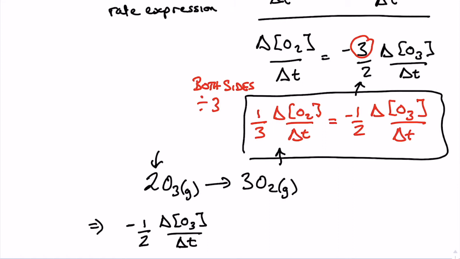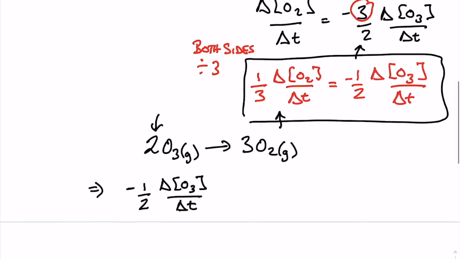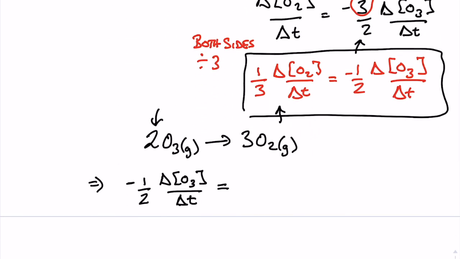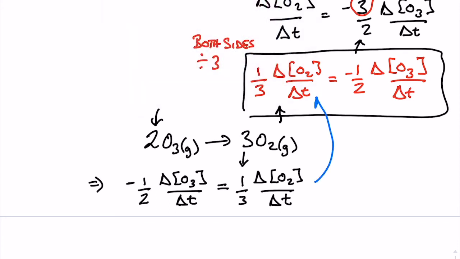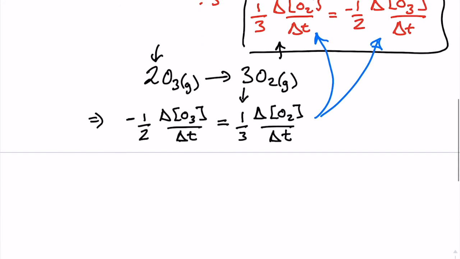And of course, because this is a reactant that's decreasing in concentration over time, we put a negative sign at the beginning, and then this is going to be equivalent to the change in oxygen divided by the change in time, over the reciprocal of the coefficient, which is exactly the same as this expression over here.